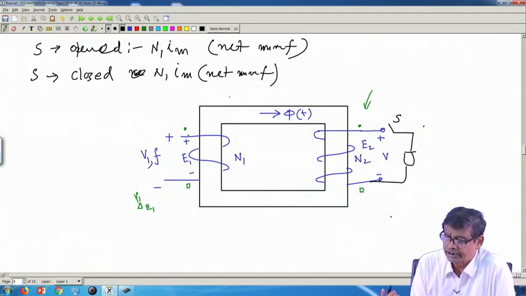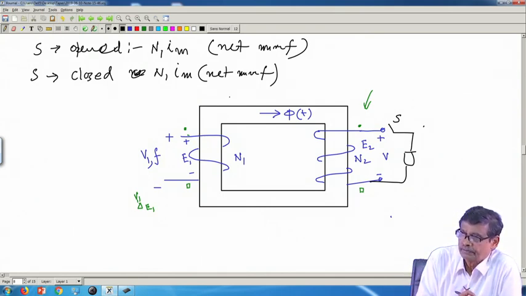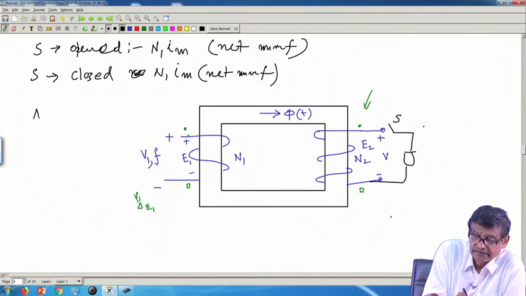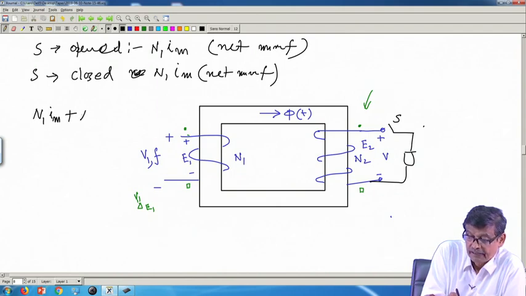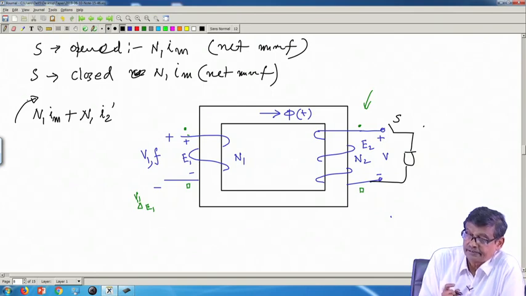Because flux level cannot change, but MMF is contributed by this coil current and its number of turns, this coil current and this number of turns. So, net MMF of the primary coil is N1 IM plus N1 into I2 dashed, and this is in the clockwise direction, flux it creates.